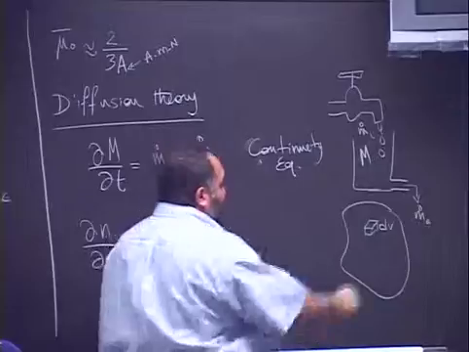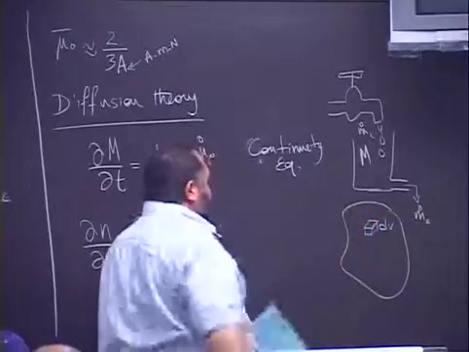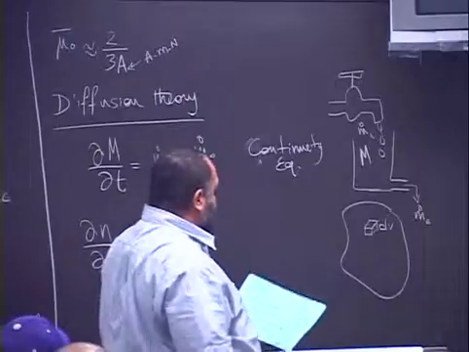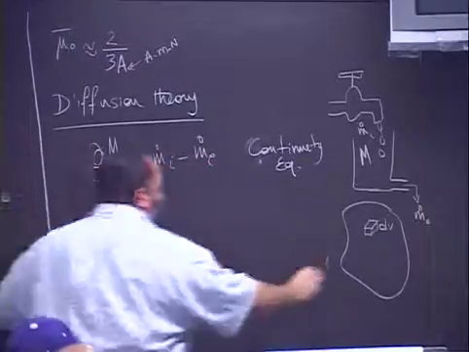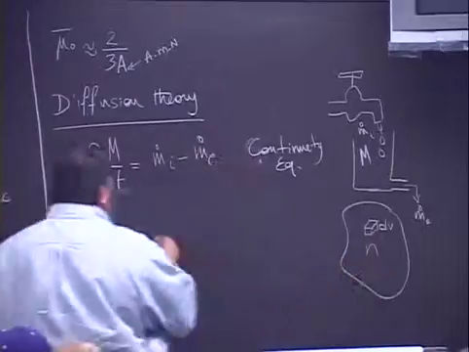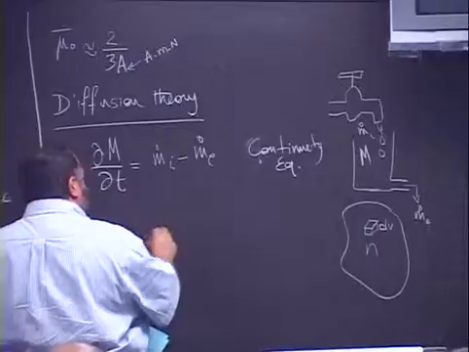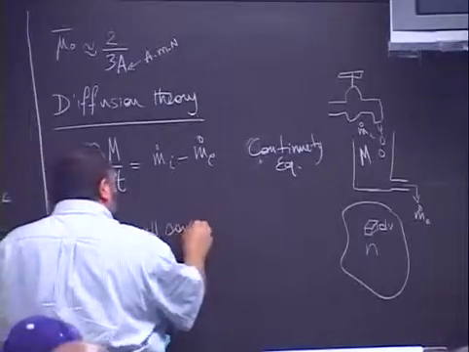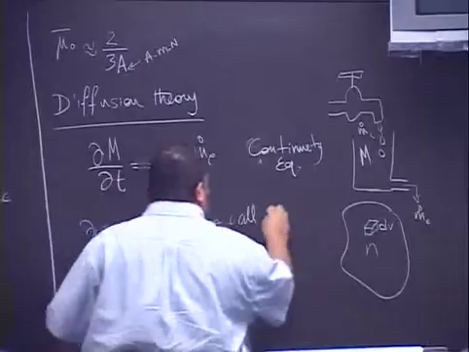Then I will apply the continuity theory inside this control volume. The time rate of change of the neutron population here comes from two things: all sources minus all sinks.